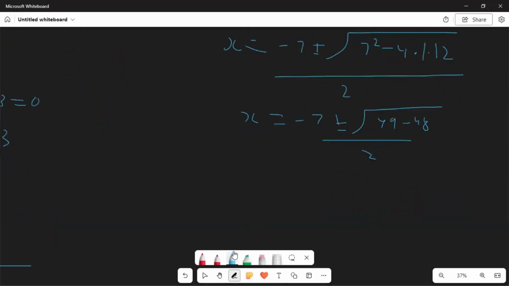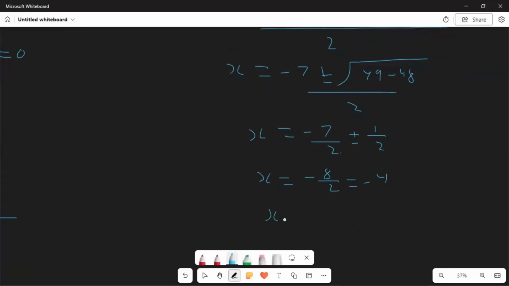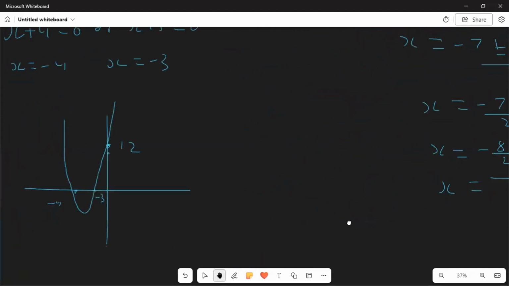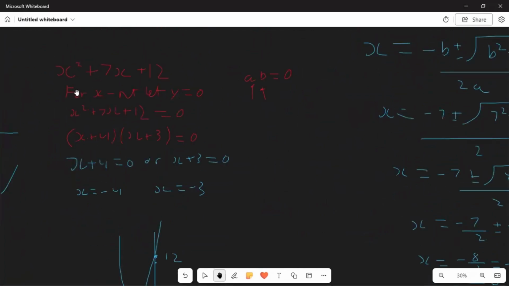We get x equals minus 7 on 2 plus or minus 1 on 2. So we get x equals minus 8 on 2, which is minus 4, or x equals minus 6 on 2, which is minus 3. That's the answer we got before, minus 4 and minus 3. Those are two ways to find the x-intercept, using either the quadratic formula or factorizing.